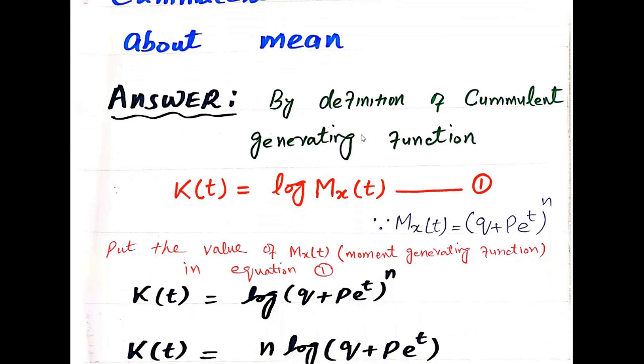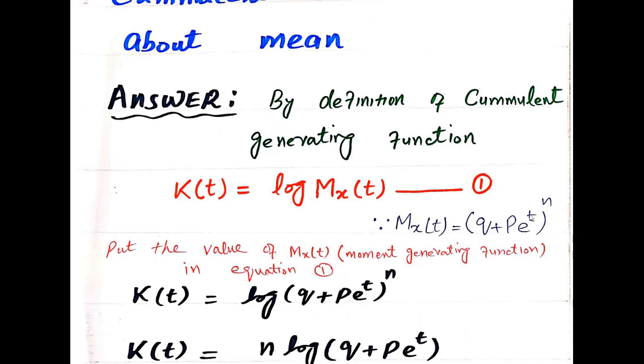So by definition of the cumulant generating function, the cumulant generating function is represented by k of t equal to log of M_X(t). I write this equation as 1. M_X(t), which is the moment generating function of the binomial distribution, is equal to (q plus p e raised to the power t) whole power n.